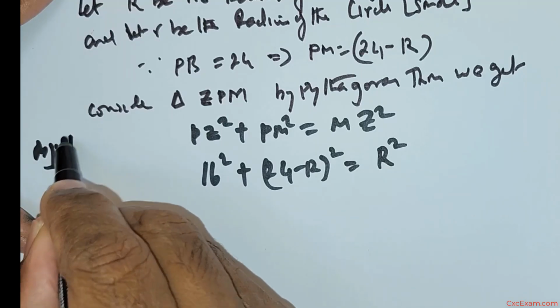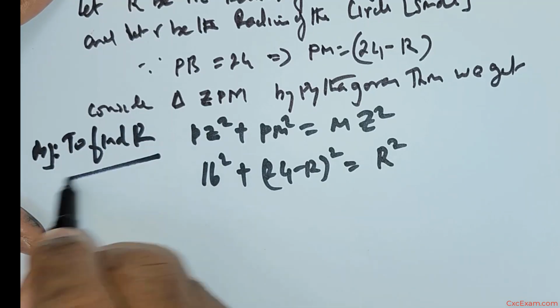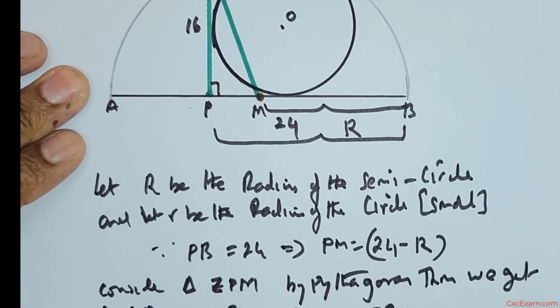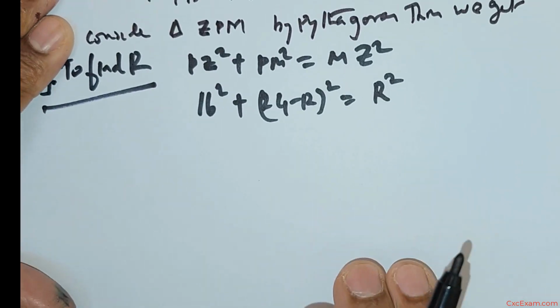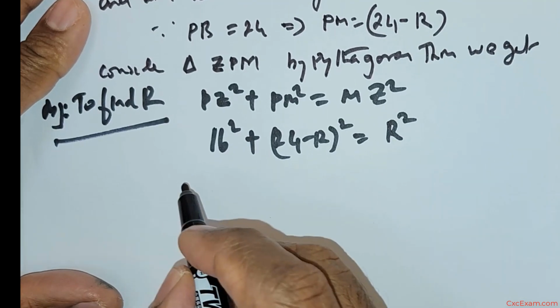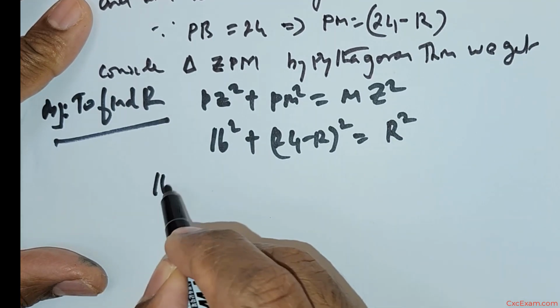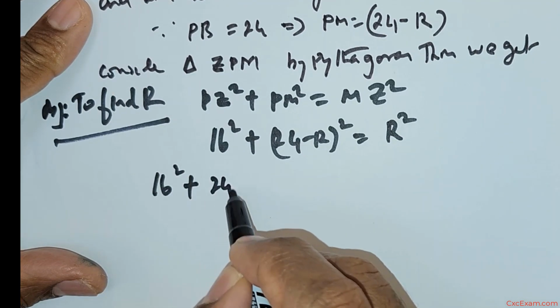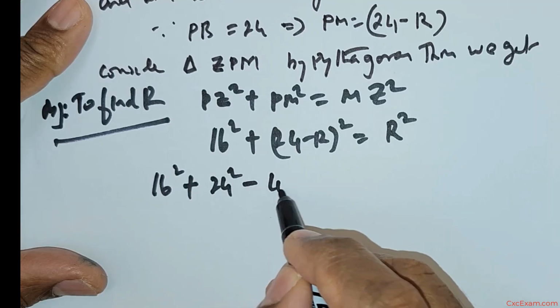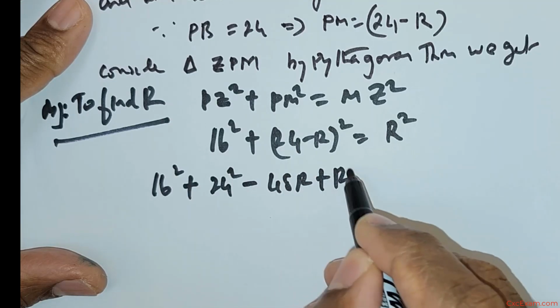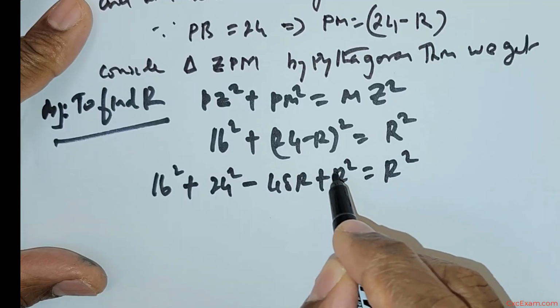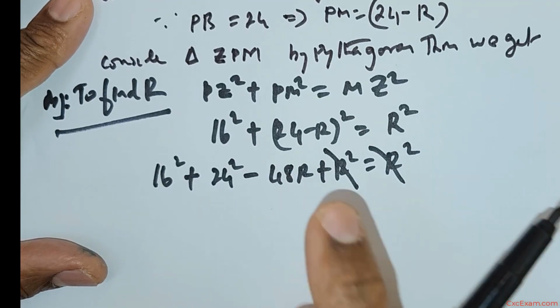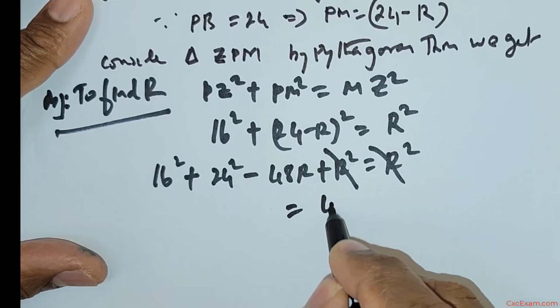The objective is to find R. That is the objective of this part. So I retain it as 16 squared. I square this, 24 squared minus 48R plus R squared is equal to R squared. These two get cancelled. I move 48R to the other side.